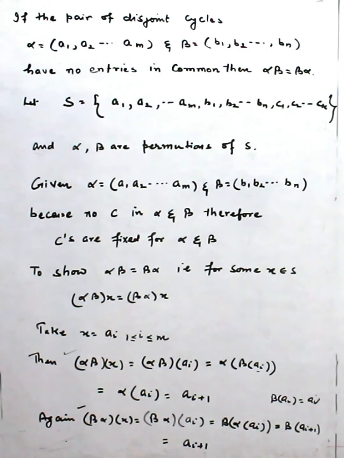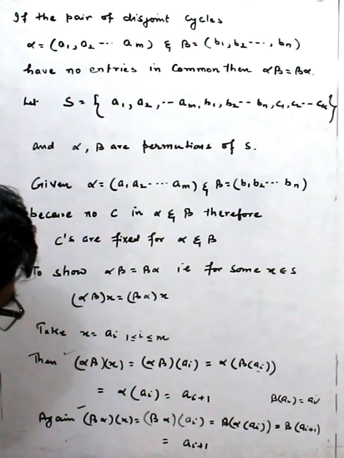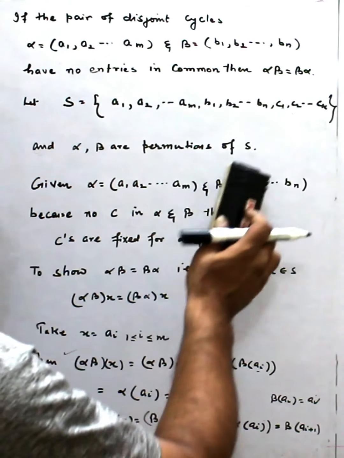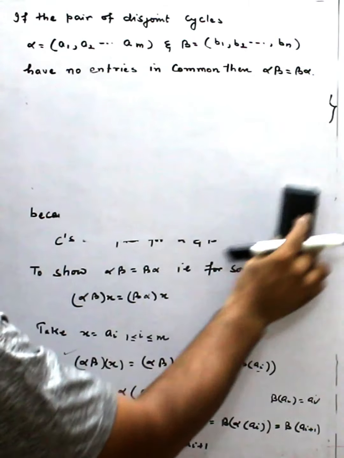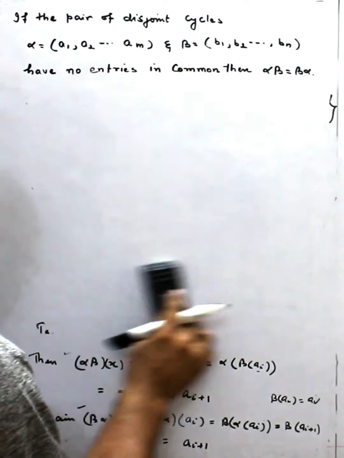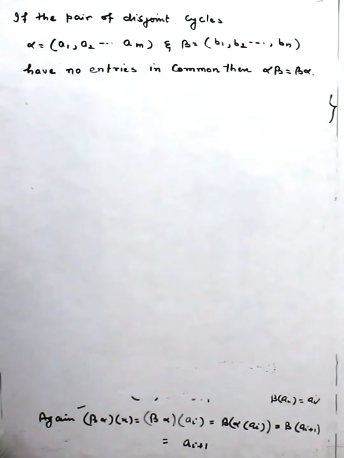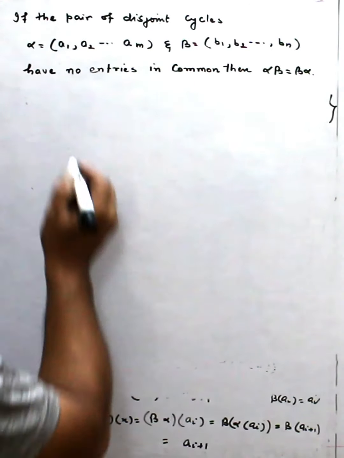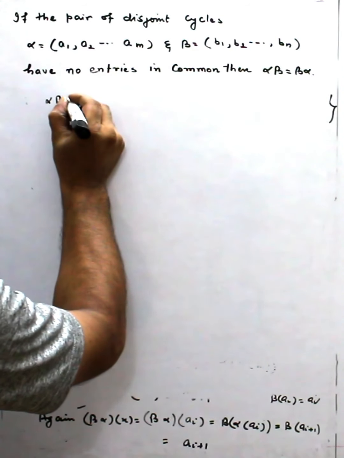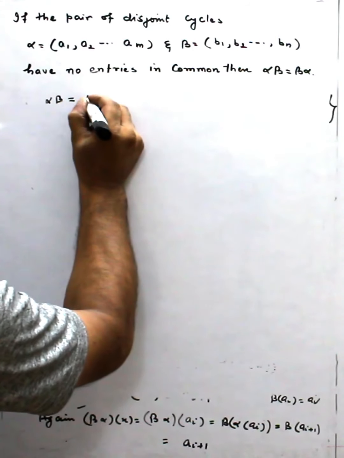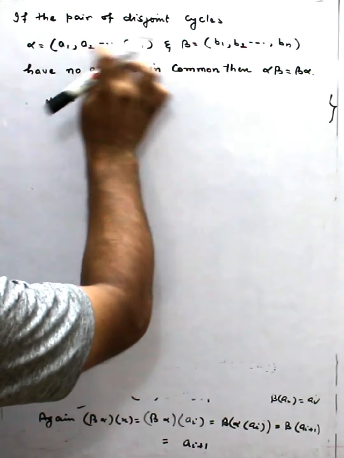So from this we can say alpha beta equals beta alpha for the A's.